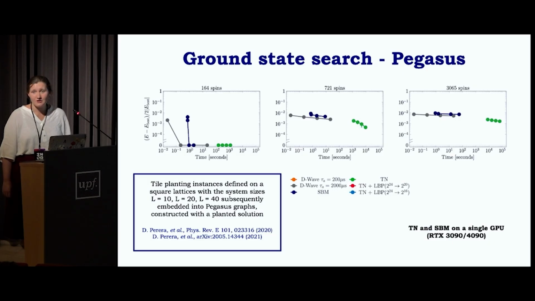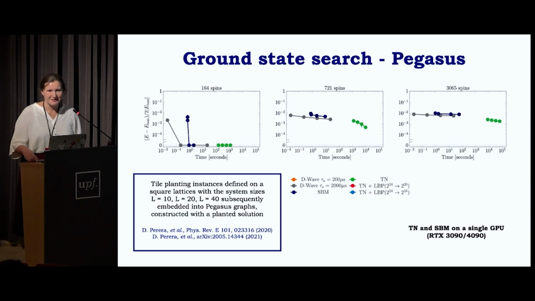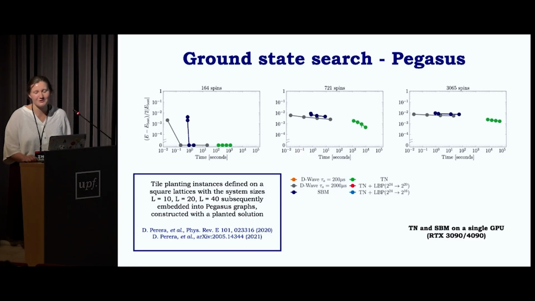However, for larger problem sizes, tensor network outperforms D-Wave and SBM. However, we are not able to reach the ground state, which is known a priori. But we are a factor of 3 better than SBM and D-Wave. So to our surprise, there are classes of instances for which using tensor networks may be good. So there are some applications of our method.